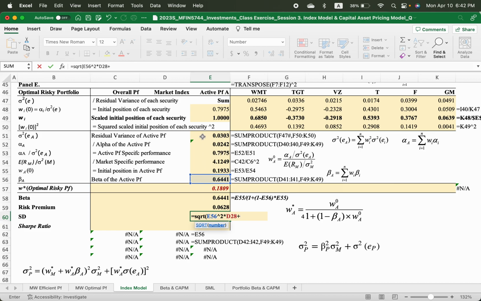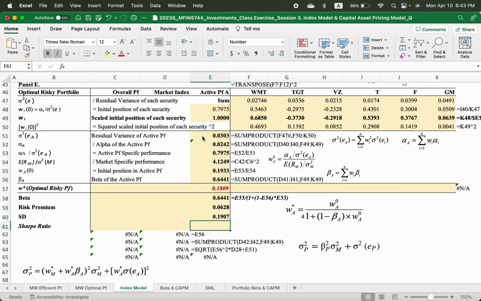There we go. So let's close the parenthesis. Now the standard deviation of this active portfolio is 90%.